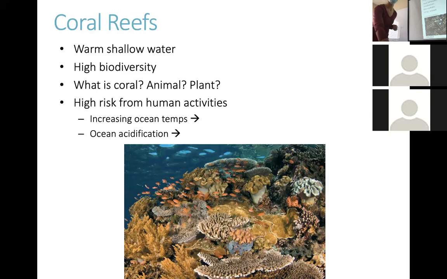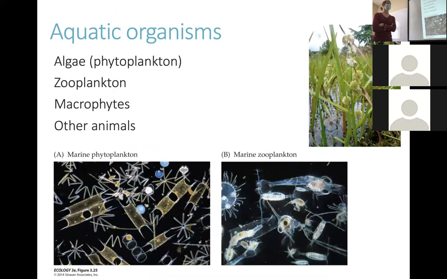One last very quick slide. I haven't talked a lot about organisms in general, but in aquatic systems, these will come up again. So I want you to know the base of the food web in aquatic systems is phytoplankton and zooplankton. Things that we can't even see, but they drive the productivity of aquatic ecosystems.